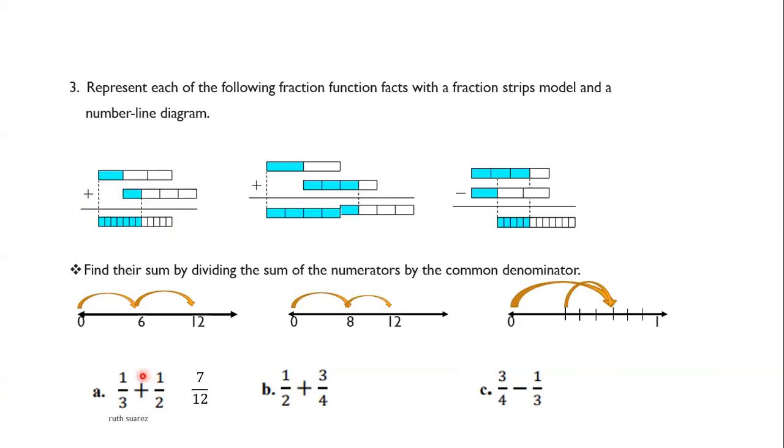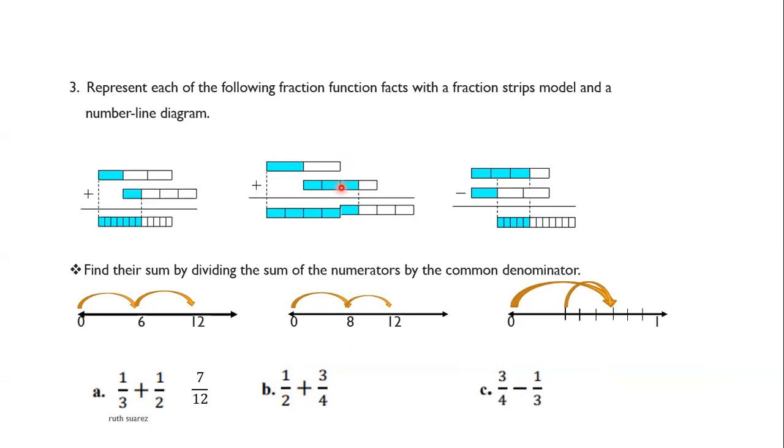I don't know why I did that. I am so sorry. The next one is going to be 1 over 2 plus 3 over 4, which I actually did correctly. Good job, Ruth. As you can see, we have 2 parts, like a bar with only 2 rectangles, and this one right here is the only one shaded in because that represents 1 over 2.